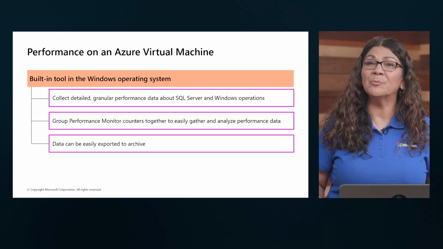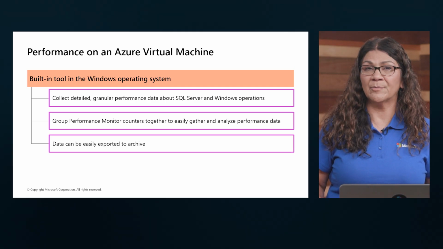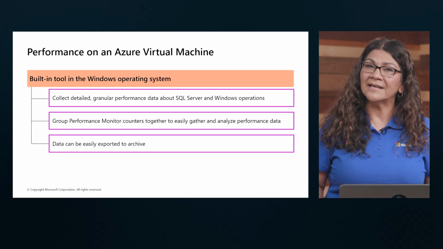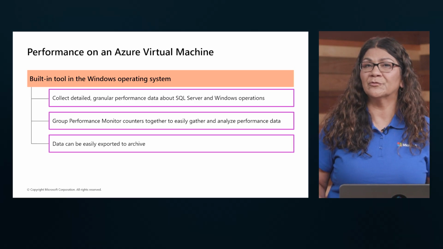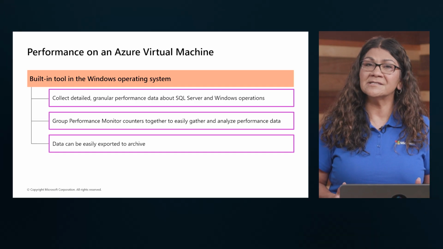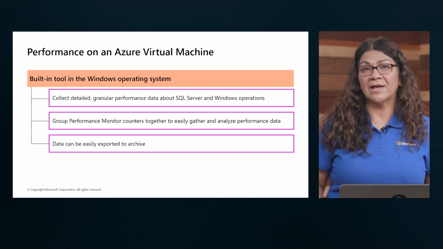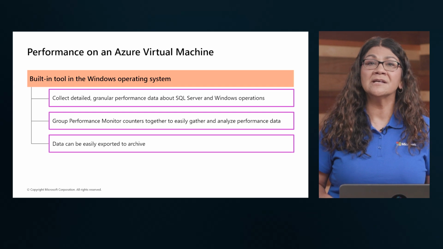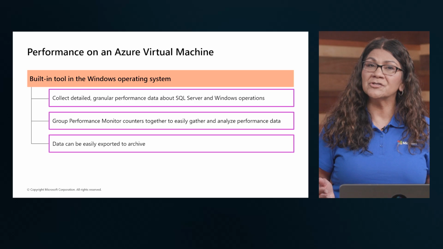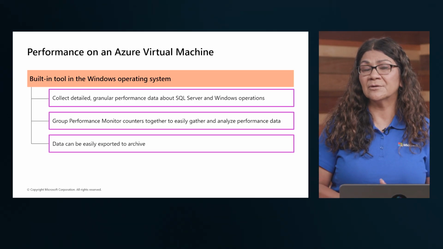Here we see how Performance Monitor, or PerfMon, a built-in Windows Server tool, can be used for tracking SQL Server and system performance. Whether you're running SQL Server on-premises or SQL in an Azure VM, PerfMon provides granular performance data through specialized counters for both the OS and SQL Server.